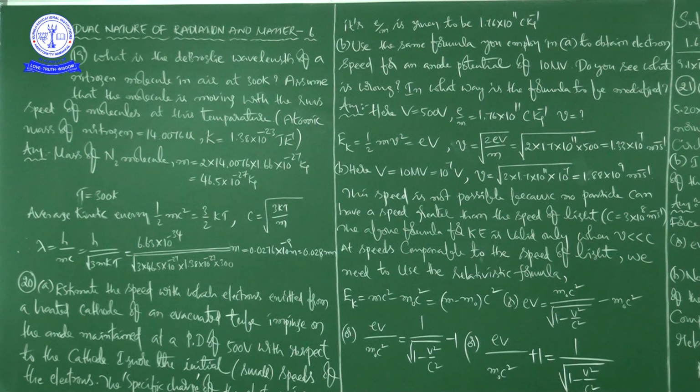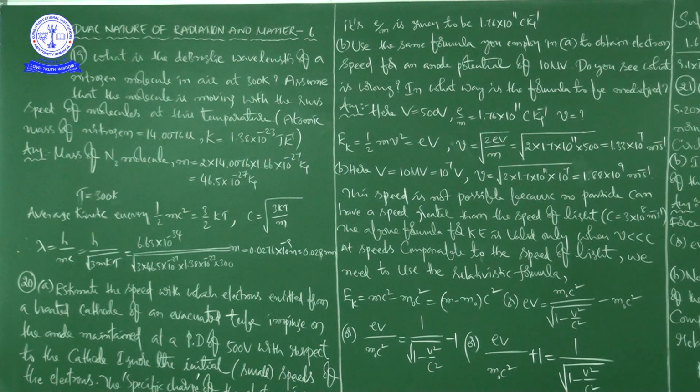the atomic mass of nitrogen is given as 14.0076 u, and the k value is given as 1.38 into 10 to the power of minus 23 joule per Kelvin.